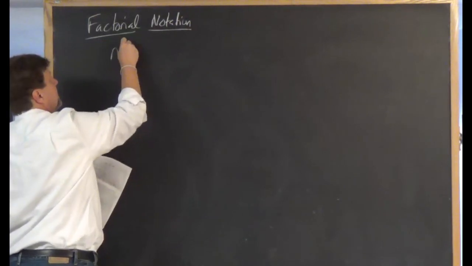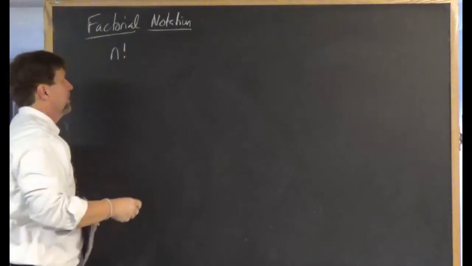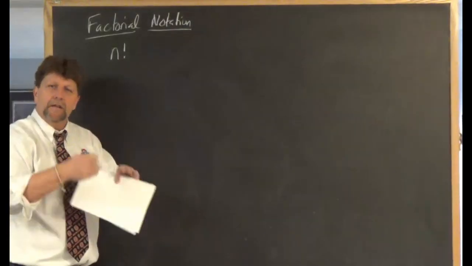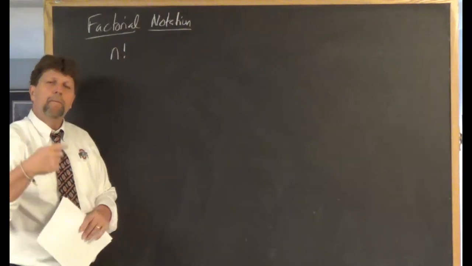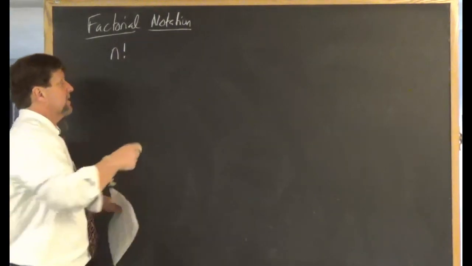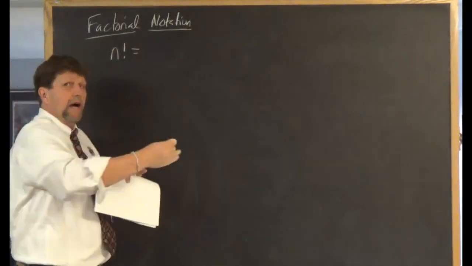So it looks like this. That's an exclamation mark. It's read n factorial. Don't read it as n. It's read as n factorial. What it means, it's representing a product.